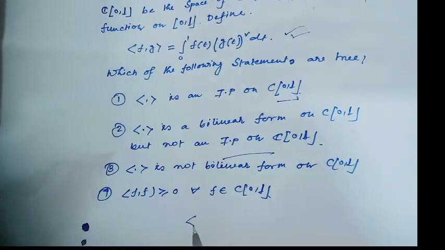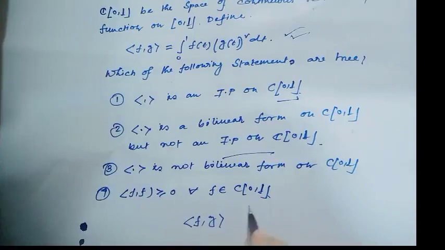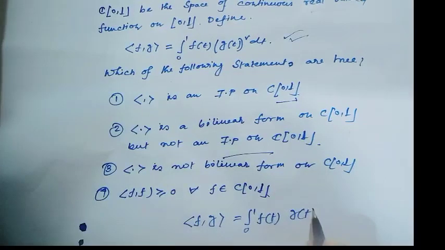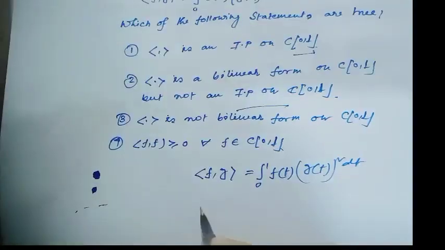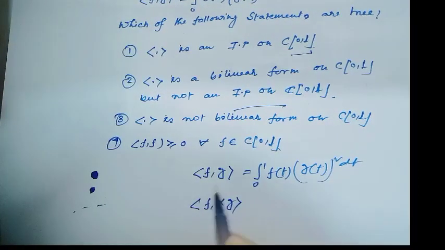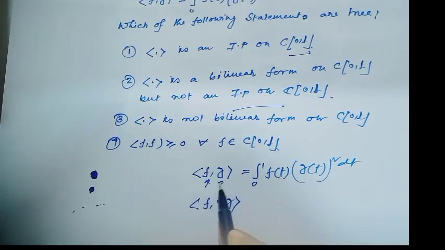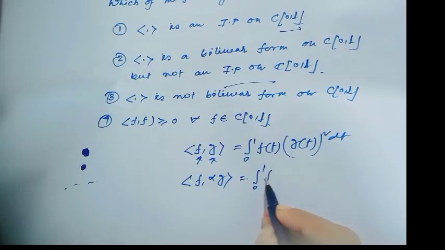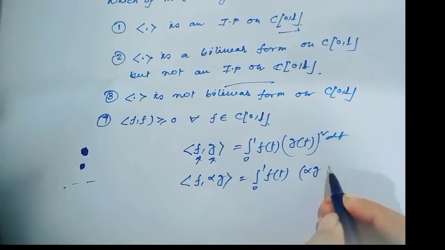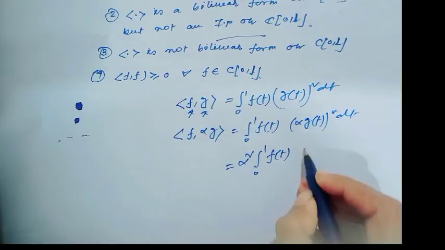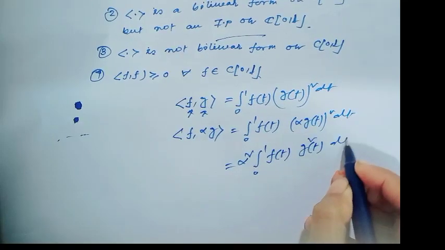At first I will check, is this a bilinear form? For this, f of alpha g, because we have to check this is linear with respect to both f and g. Here the inner product of f comma alpha g would be integral 0 to 1 of f(t) times alpha g(t) whole square dt, and this is actually equal to alpha square times the integration from 0 to 1 of f(t) g square(t) dt.